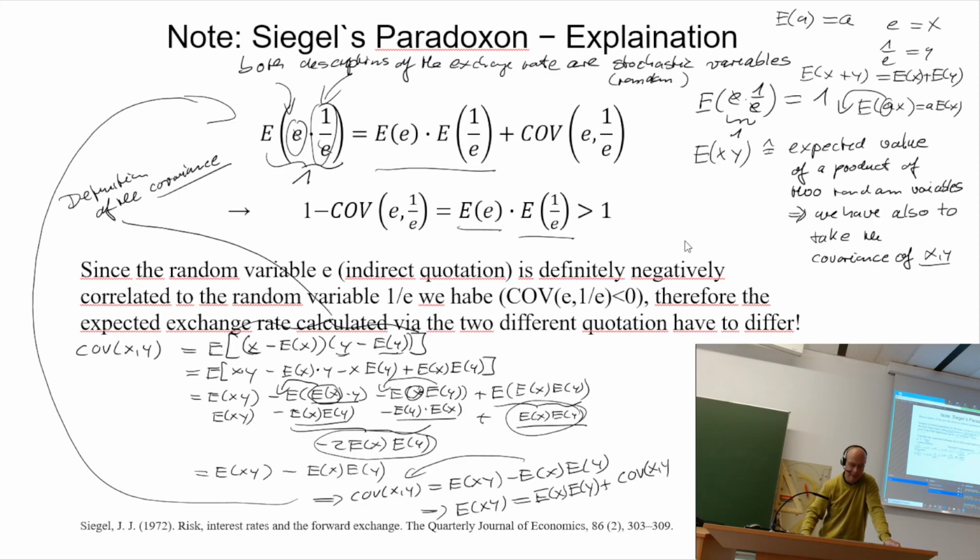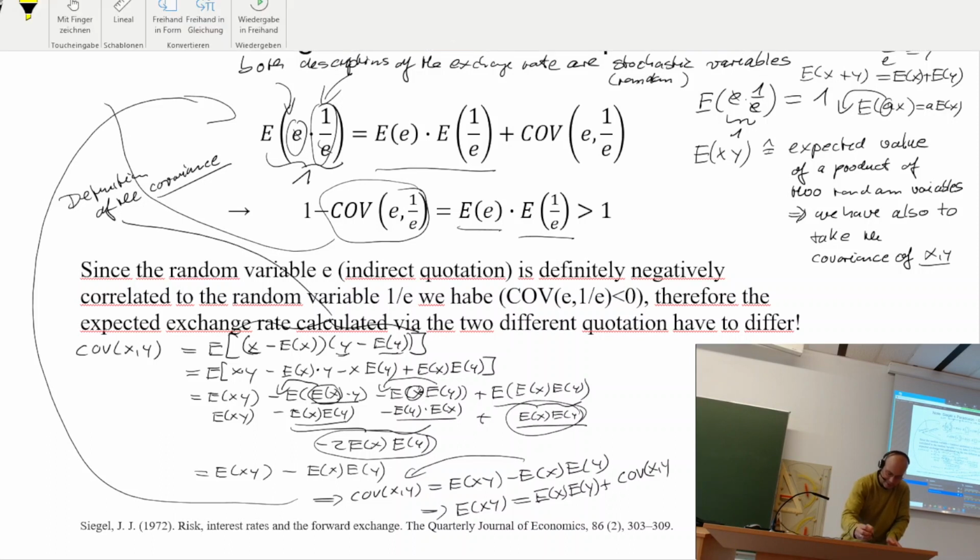And this, of course, has to be in general the case because these covariance has to be negative. Let's take this in red.